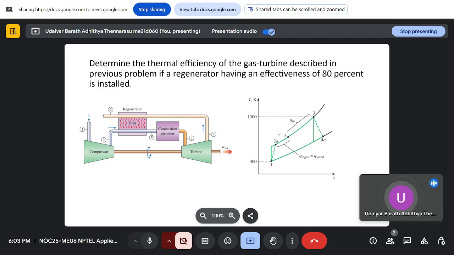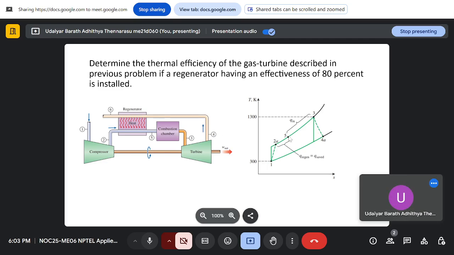So this is how the process looks. Your conventional Brayton cycle or gas power cycle will have a compressor. Initially you are compressing from 1 to 2, and then it is sent to a heat addition process, where normally you have some fuel which you combust to provide energy, to do heat addition.